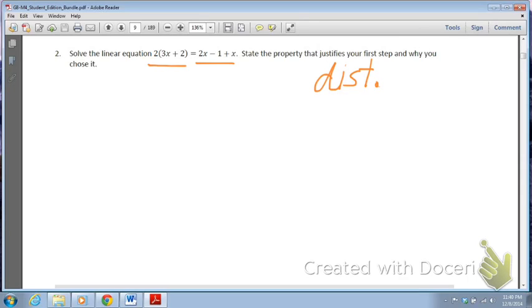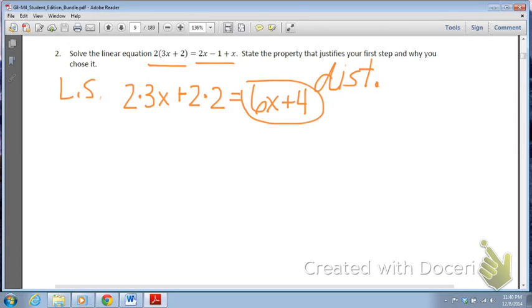The way I'm going to use that on the left side of my equation, I'm going to rewrite as 2 times 3x plus 2 times 2, which is equal to 2 times 3 is 6x plus 4. So that's the left side of my equation.